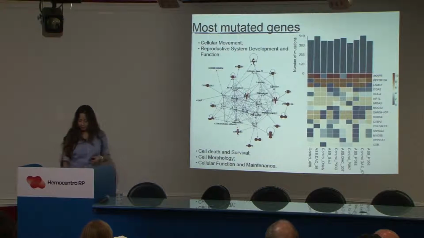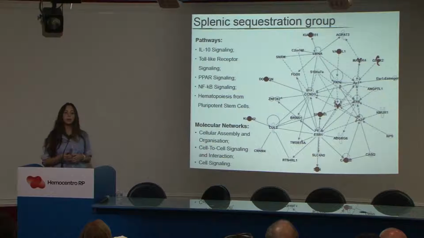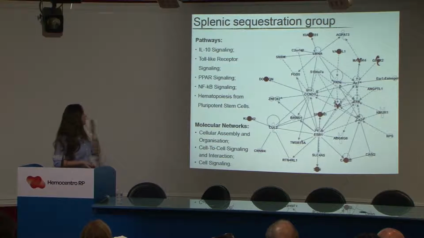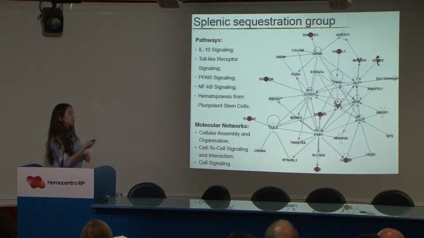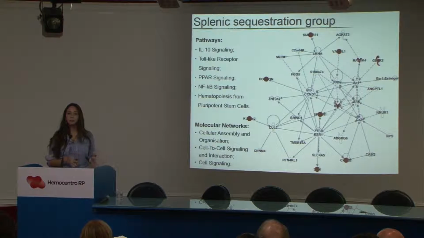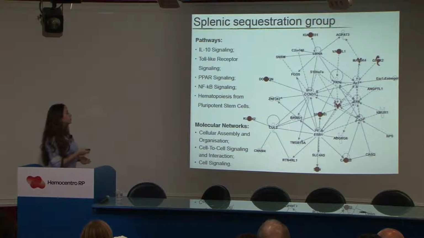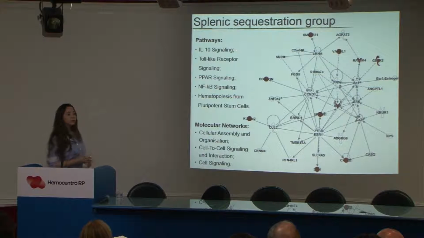Further, we did the heritance analysis with the splenic sequestration group. The genes marked in red are mutated in the splenic sequestration group, and they enrich pathways like IL-10 signaling, toll-like receptor signaling, and PPR signaling, involved mainly in the immune response.